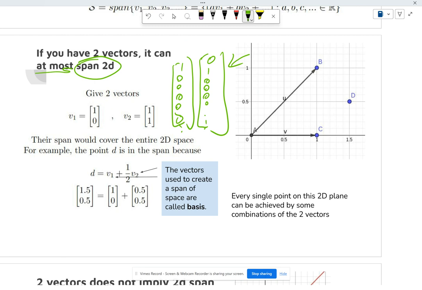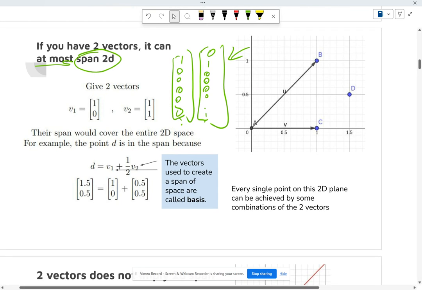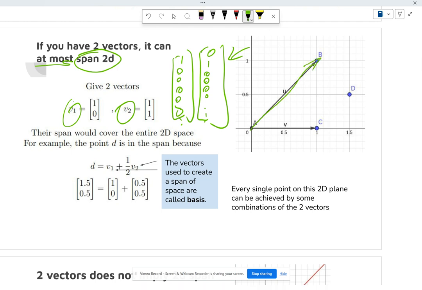Okay. Now, these vectors that are used to create these directions, to create the space, they're called bases. So having the right bases allows you to span a certain space.